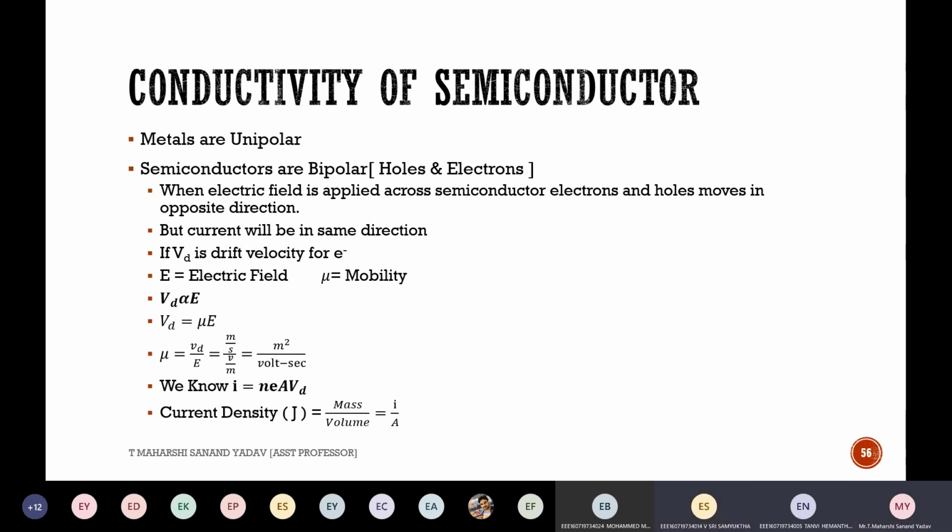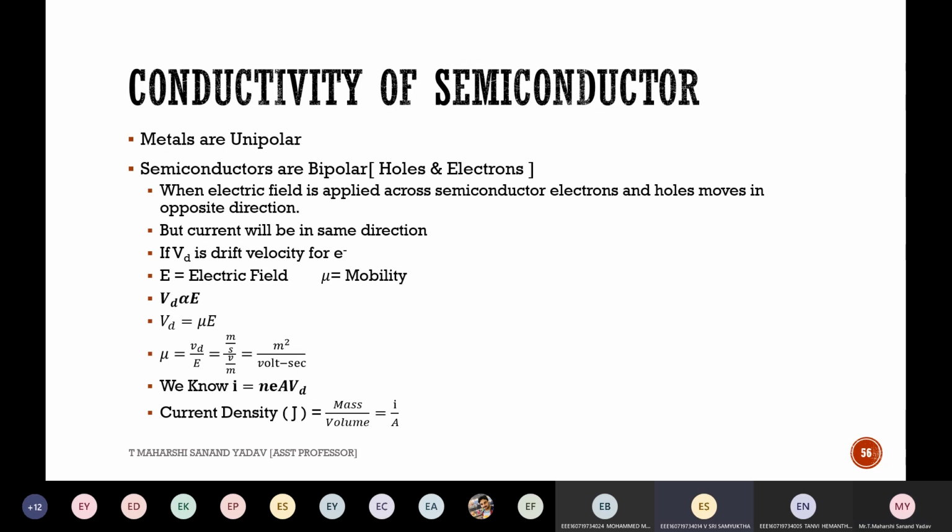What is the difference between fifth group elements and third group elements? Third group elements are boron, gallium, indium, thallium.